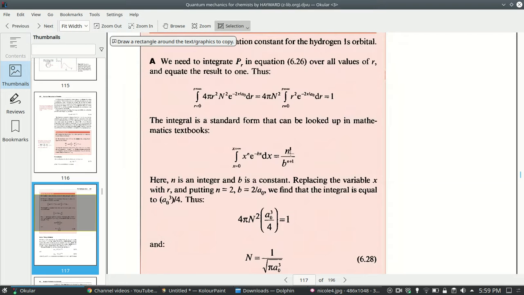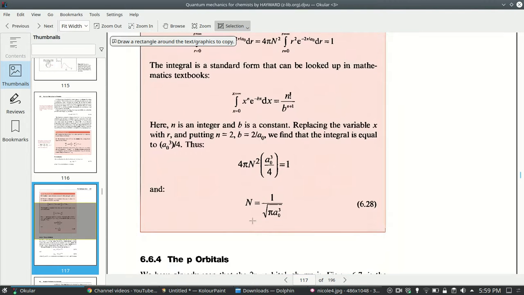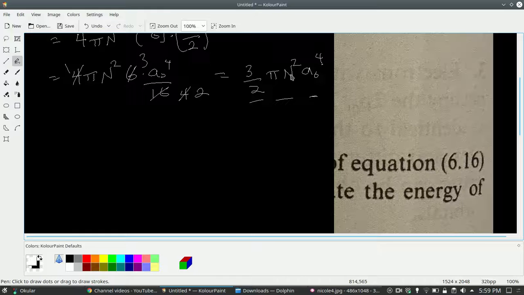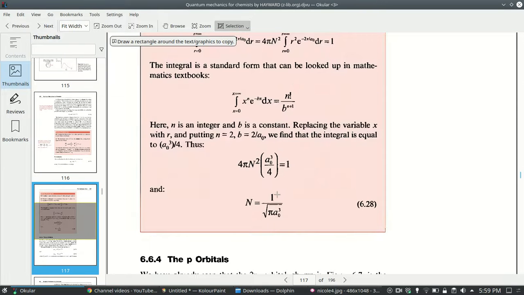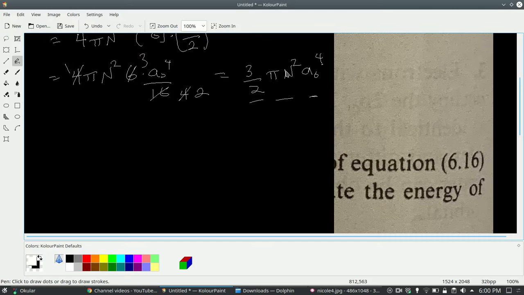You just substitute this stuff in for this integral part, and you get this, and then you divide both sides by everything except for the n, and then you take the square root of both sides, and you get this. So n equals 1 over the square root of pi a naught cubed. But you see, we don't have n, we have n squared, right? So n squared is 1 over pi a naught cubed.